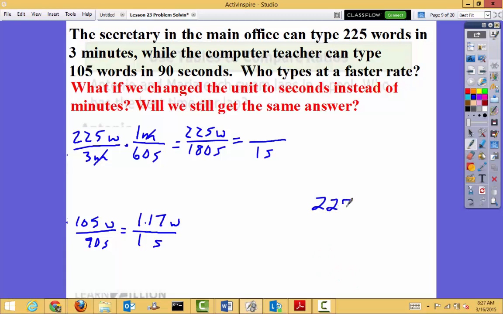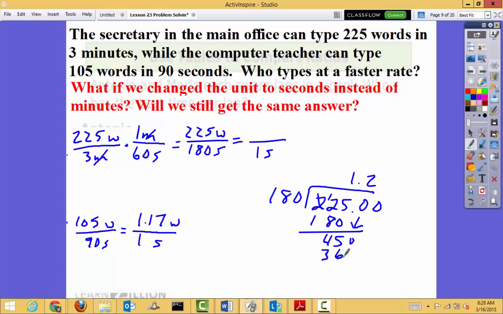So 225 divided by 180. I just know it's going to turn to a decimal by looking at it, so I'm just going to get ready. It's going to go in what? 2 times. So how fast can the secretary write? She can write 1.25 words per 1 second, which we see is still faster.